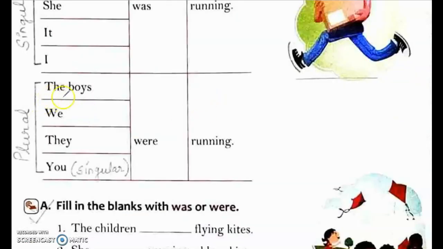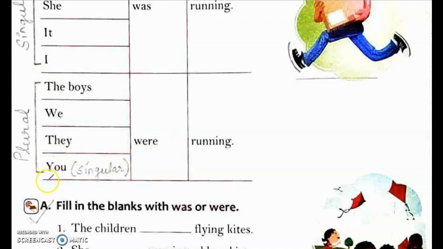Now, the boys, we, they, you. So the boys, we and they, all these are plural. Okay, and you is singular. Even though you is singular, I have told you in the beginning of the chapter also that we use were with you.